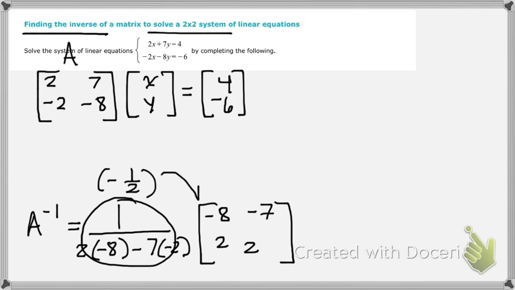And I'm going to multiply or distribute that to this matrix. So it's -16 plus 14, -2. So -1/2 times all of these, and I get -1/2 times -8 is 4, -1/2 times -7 is 7/2, -1/2 times 2 is -1, -1/2 times 2 is -1, and there we go.